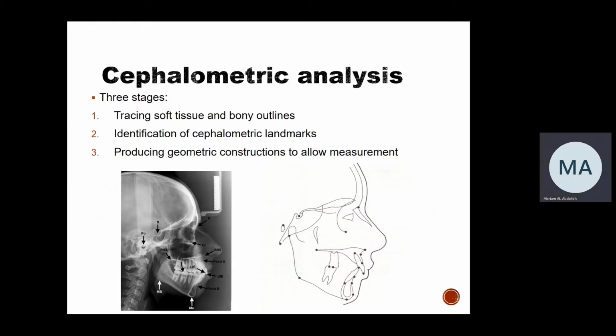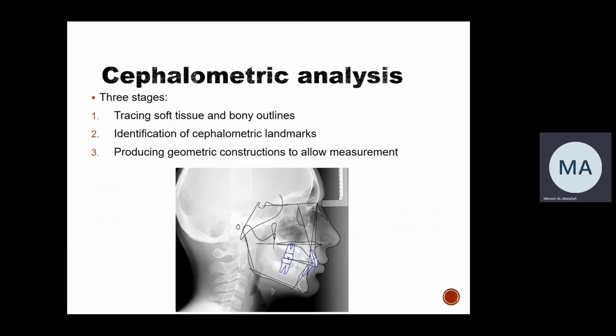Right, so after we finished tracing the outlines, identifying the different points and forming planes, now we need to measure angles after we get something that looks like this on our tracing paper.